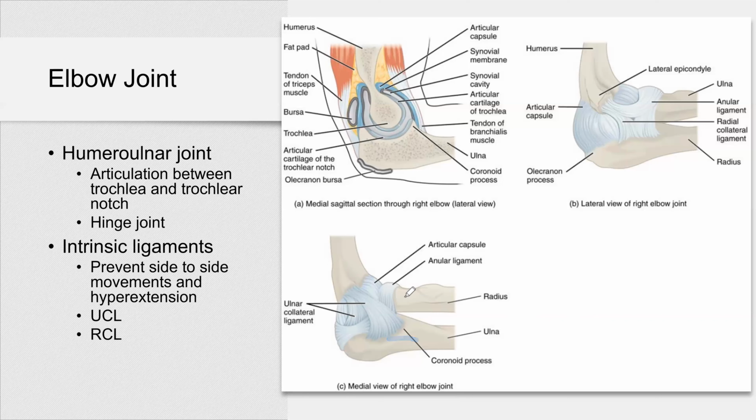We have proximal radioulnar joint and distal radioulnar joint. And those are pivot joints that allow those rotations that I just mentioned. So we have a joint between humerus and ulna, and we have joints between ulna and radius. Now, those intrinsic ligaments prevent side-to-side movements and hyperextension of your elbow.